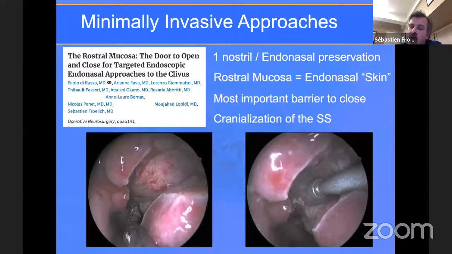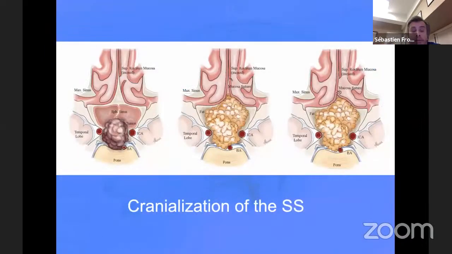And at the end, we put a big piece of fat into the tumor cavity and sphenoid sinus. So we cranialize the sphenoid sinus and we suture the mucosa of the rostrum. It can be stitched because the mucosa of the rostrum is very thick compared to, for example, the mucosa of the roof of the nasal cavity. So this is a cartoon to show you what we do.